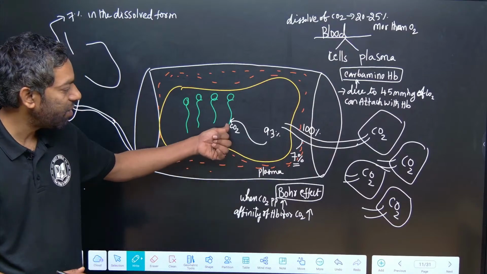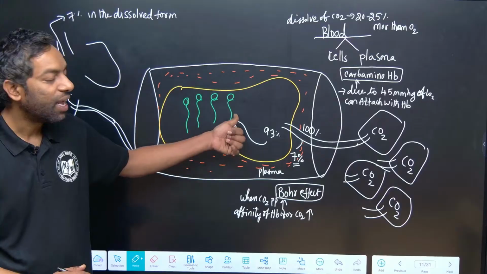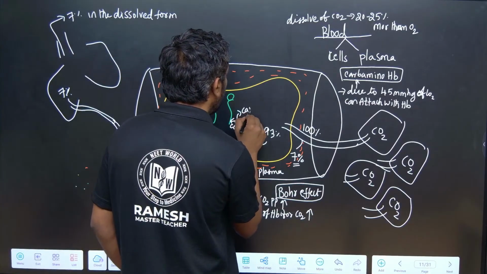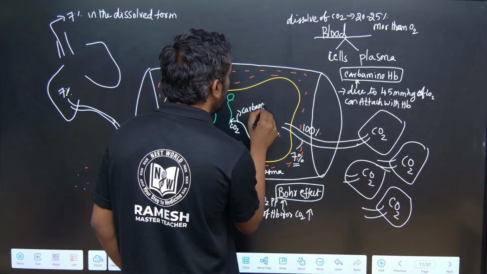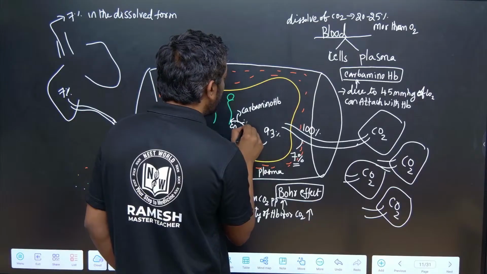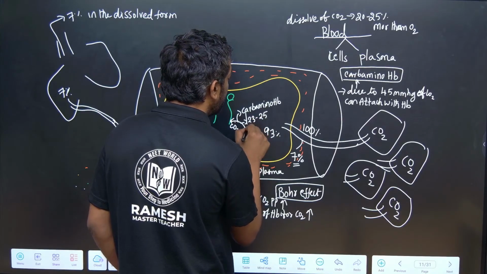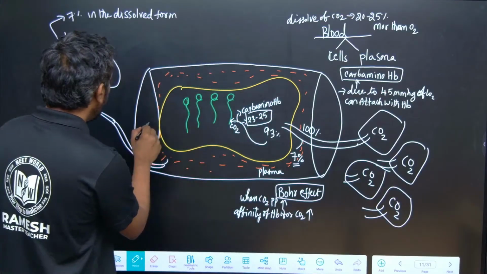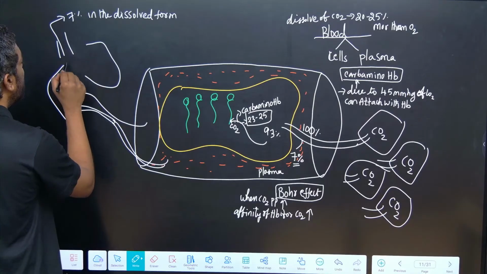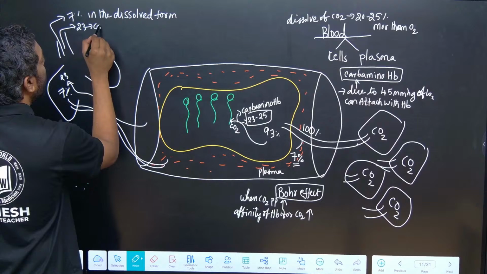So, affinity increases to attach with the globin chain, which is called carbaminohemoglobin. This is about 23 to 25%. So, 23% is carbaminohemoglobin.